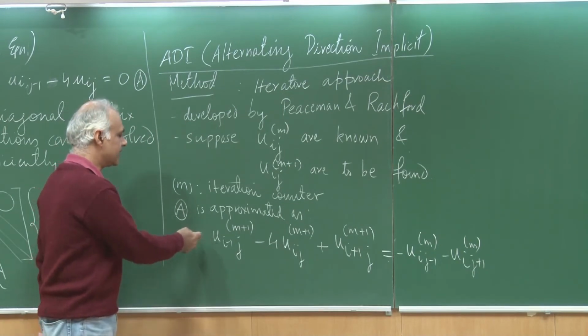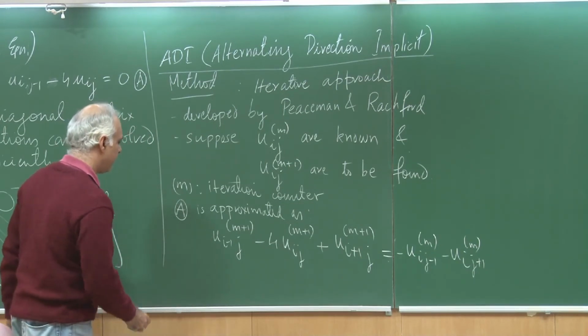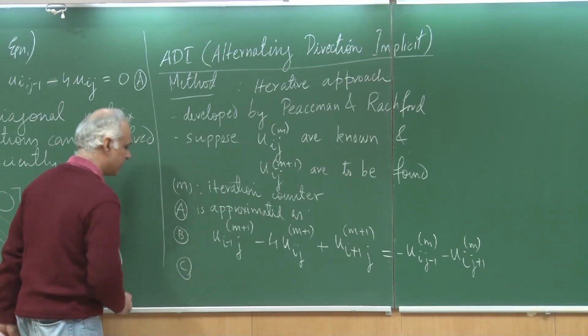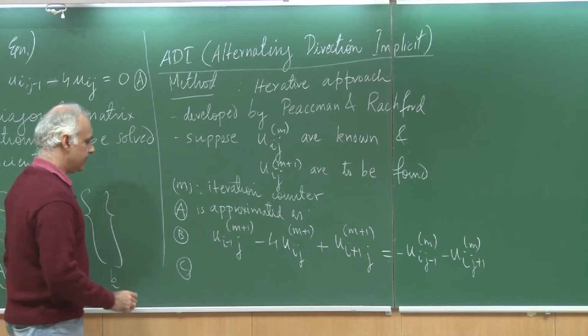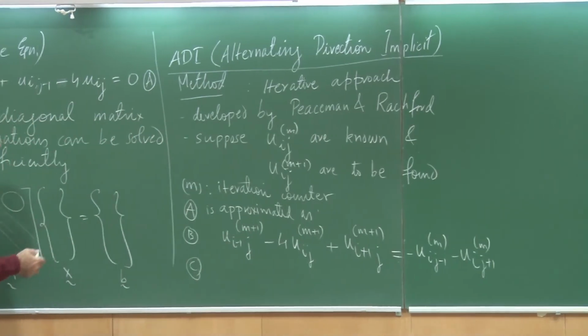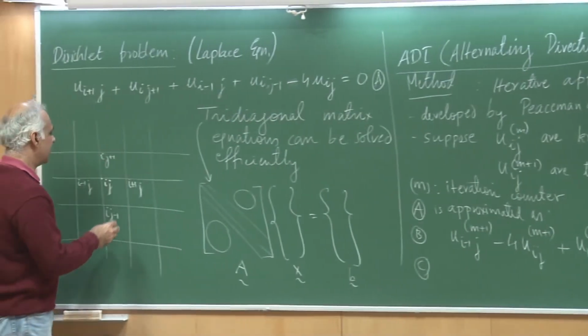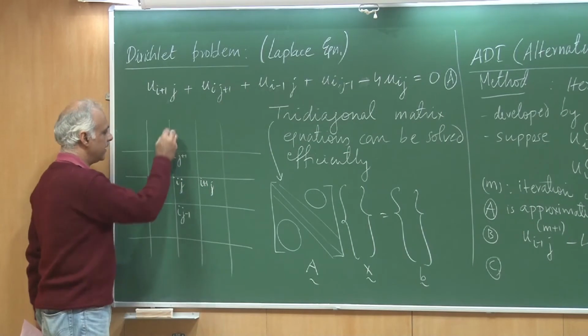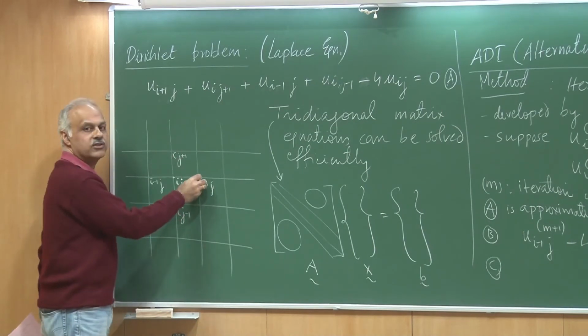So in that sense it is an approximation. This I call B, and then in the next iteration, when I go to level C, which is at m plus 2, I alternate. Now I am going to say that my columns are to be iterated, but the row values are frozen.